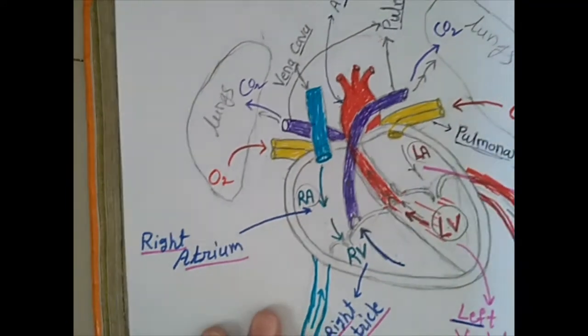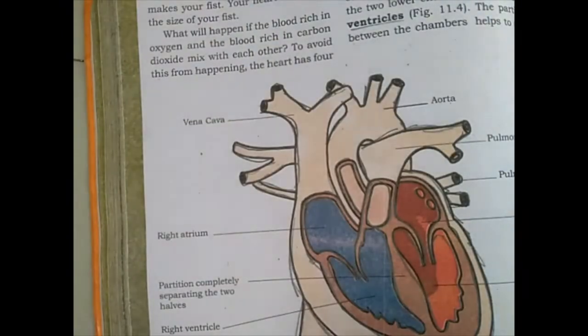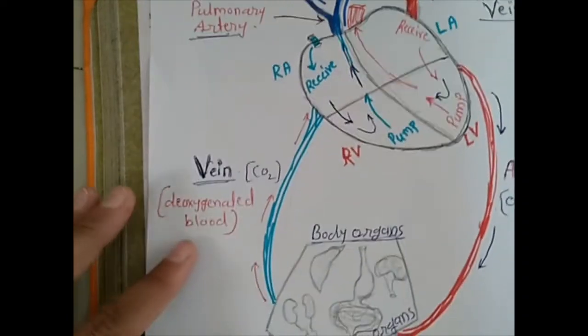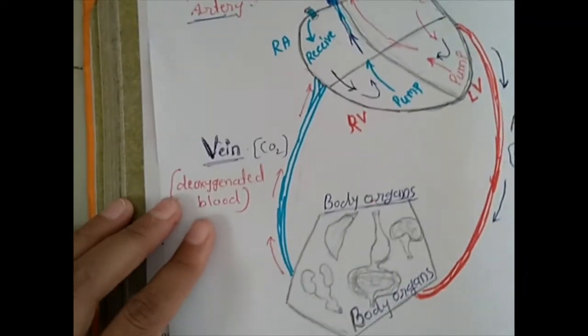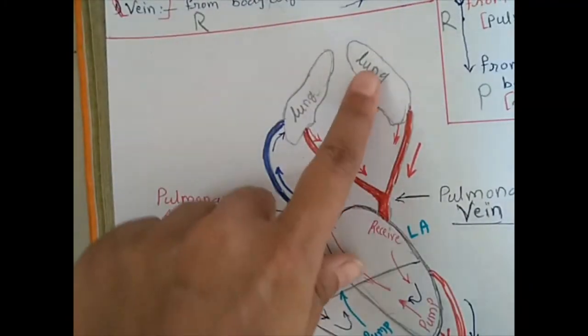Again, see here, I will give you through this diagram also. It is very easy. So how does the heart circulatory system work? Suppose these are our body organs, this is our heart, and these are our lungs.